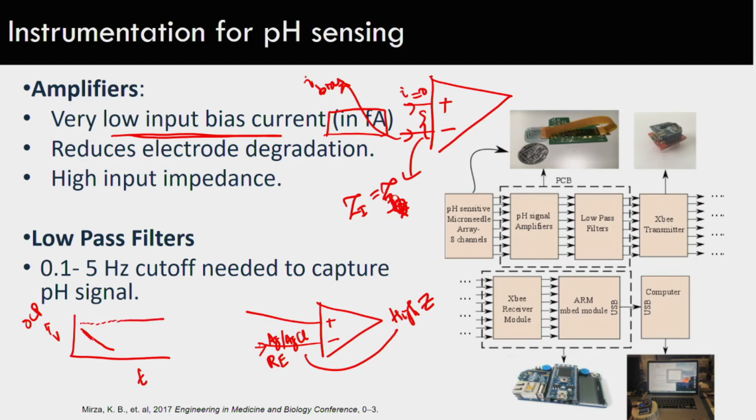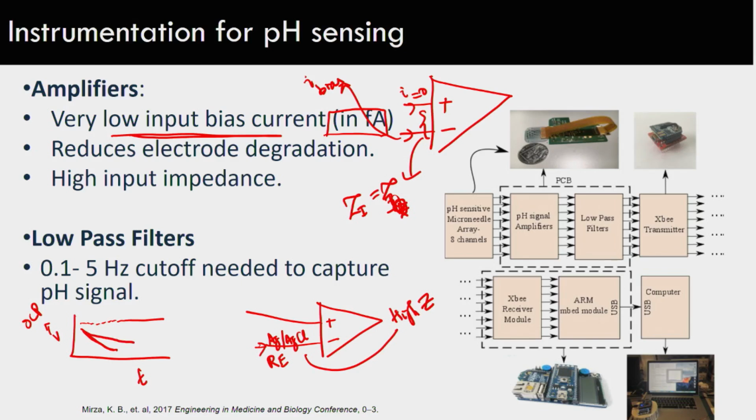But due to the input bias current there is a small drift. If you have very high input bias current, even in microamps or picoamps, the drift will be more. So femtoamps means a little bit more stable, and you will have less drift.